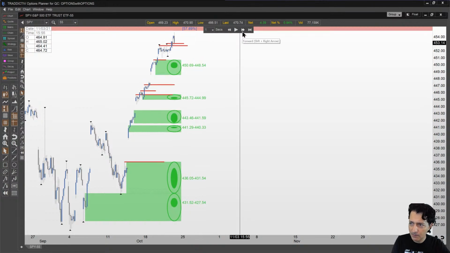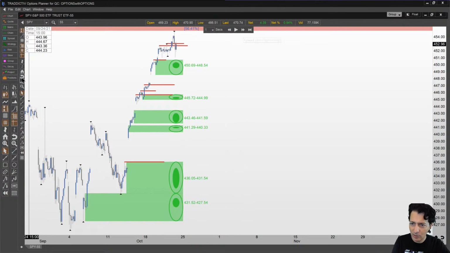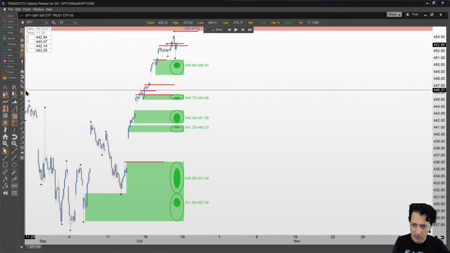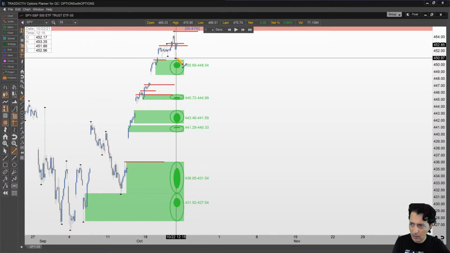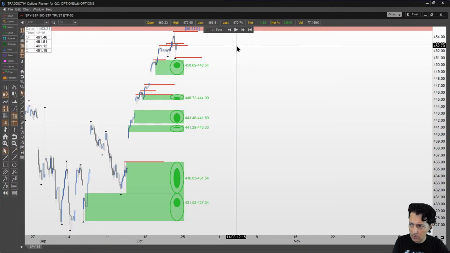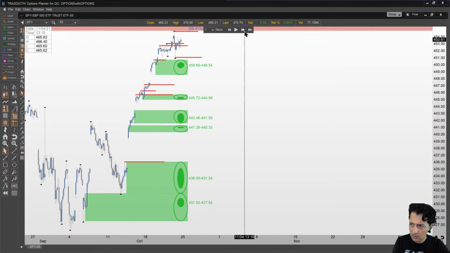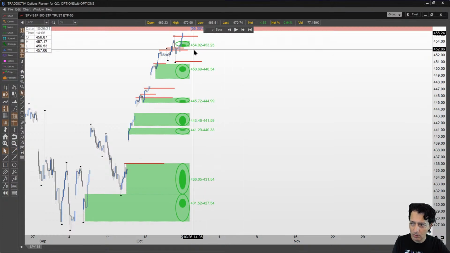Now we keep looking, another pivot shows up. Not traded through, another pivot shows up, so we draw the line. Was traded through, so ignore this one.